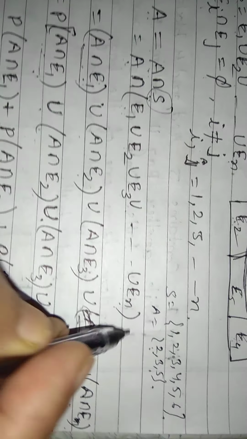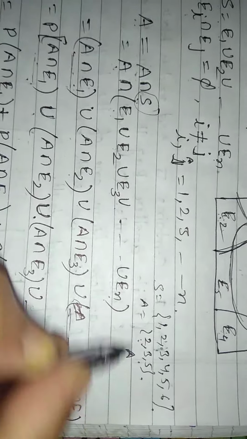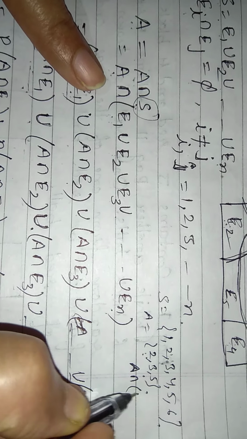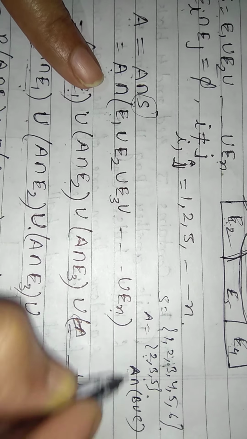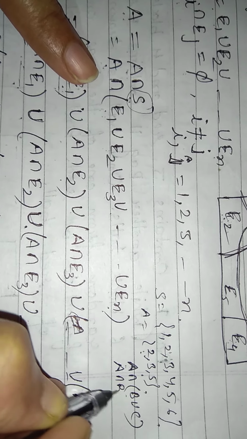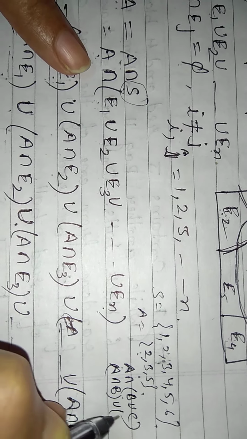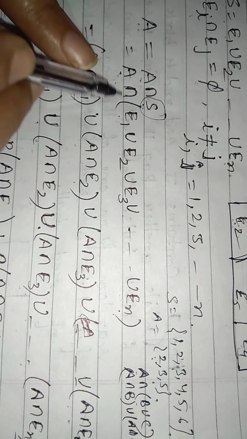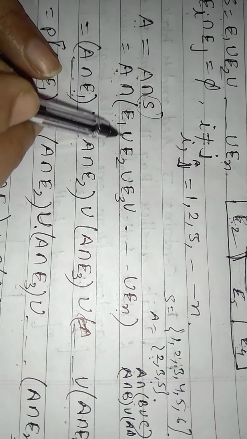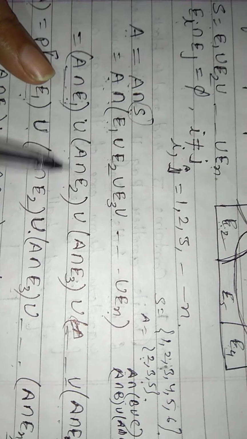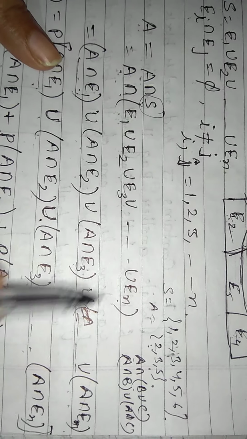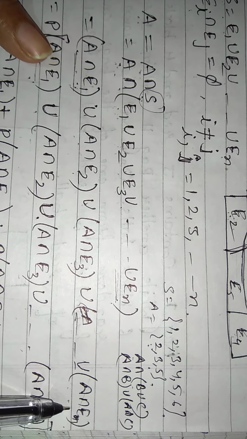I am showing it by taking one case. Suppose A intersection (B union C), then we can write (A intersection B) union (A intersection C). So same here. We will take (A intersection E1) union (A intersection E2) union (A intersection E3) union and so on (A intersection En).